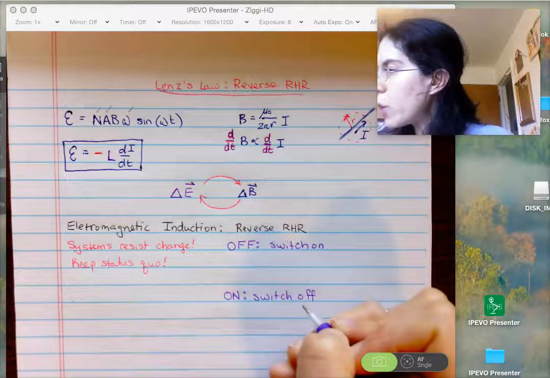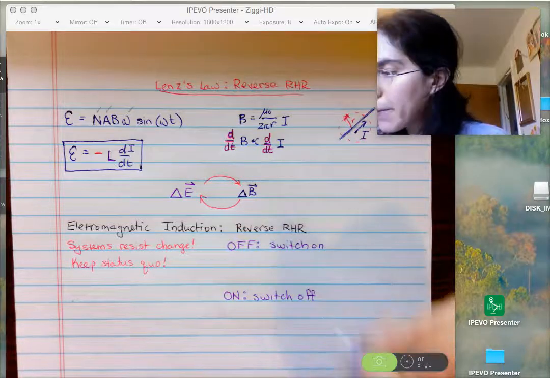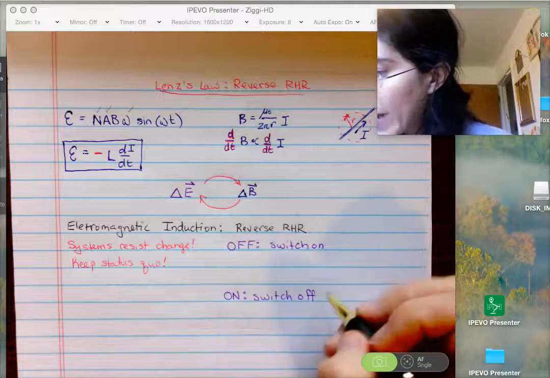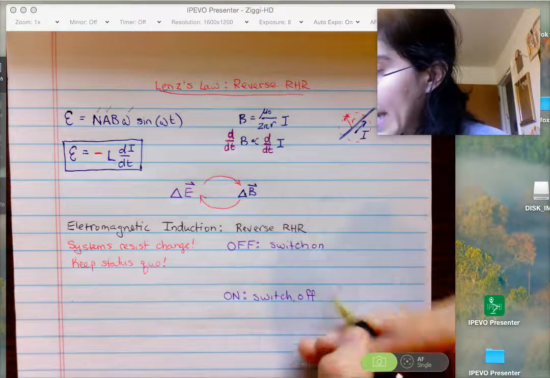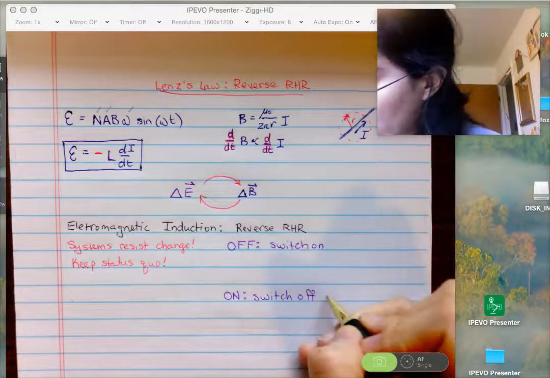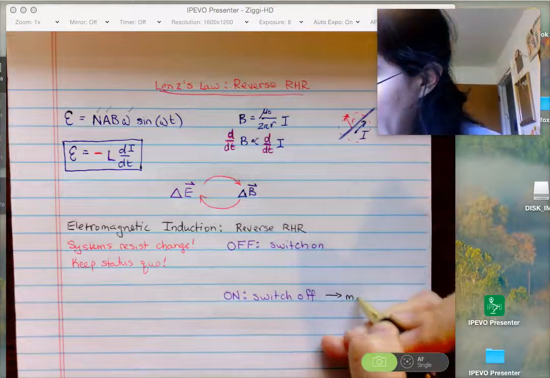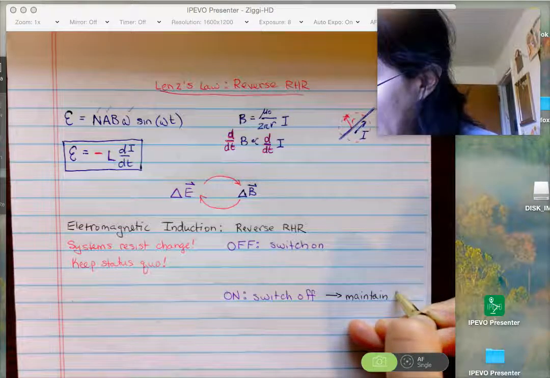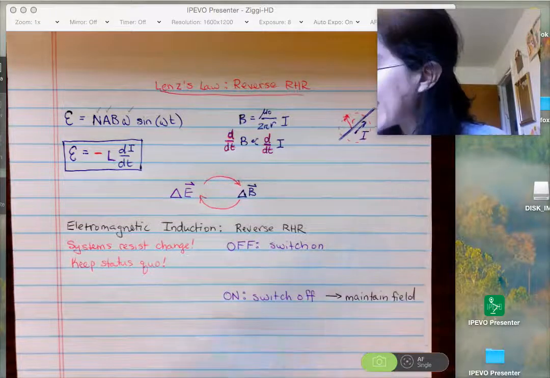This is the one we've learned about already. If the system is already on and you switch it off, that system resists change. The inductor, the coil of wire, will try to maintain the magnetic field. It will try to stay on.